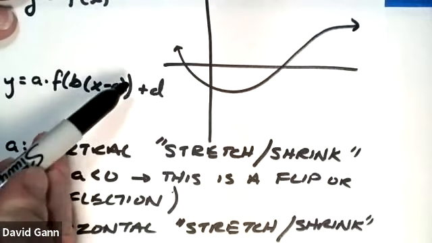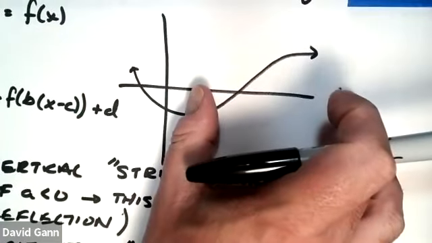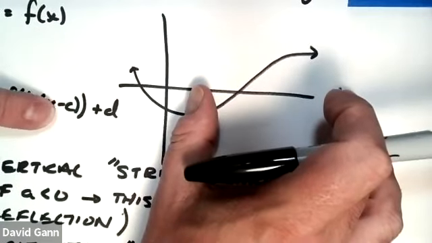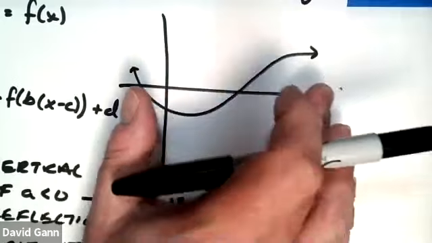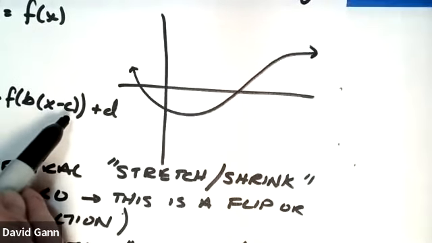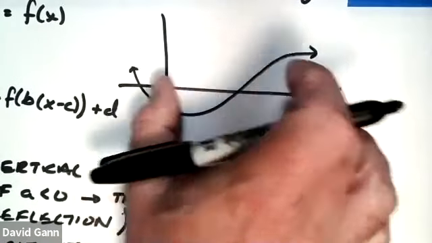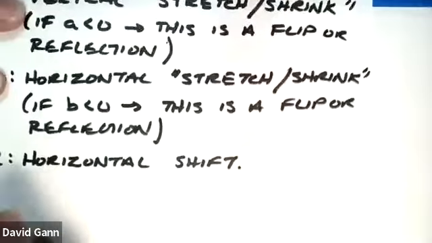So if C is a positive number, then this whole graph shifts to the right. If C is a negative number, it shifts to the left. And this is kind of backwards from what's intuitive. That's why there's a negative sign there. So x minus 2, for example, would push this thing 2 units to the right. You'd take the whole graph and shift it to the right.